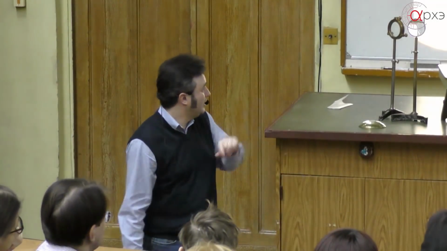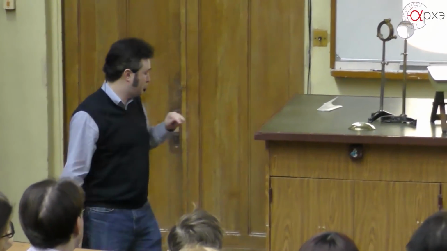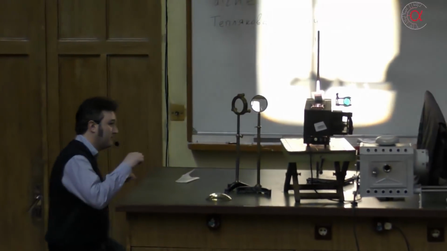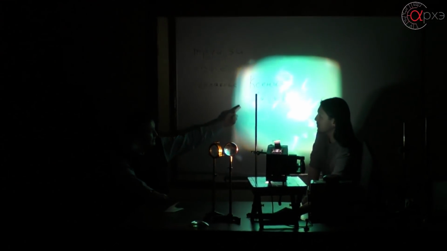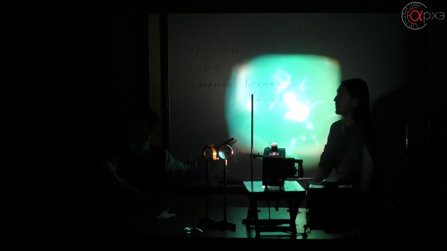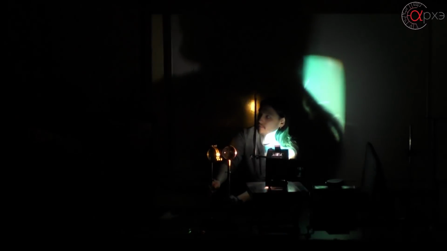So here we have one such lens. If we shine light on it and look at the light that passes through, you see that it is bluish, and the reflected light is reddish.